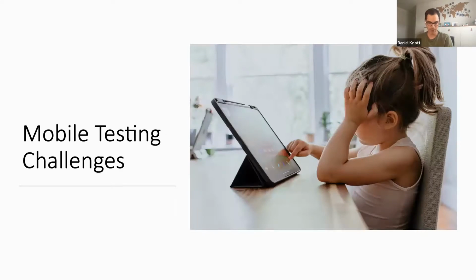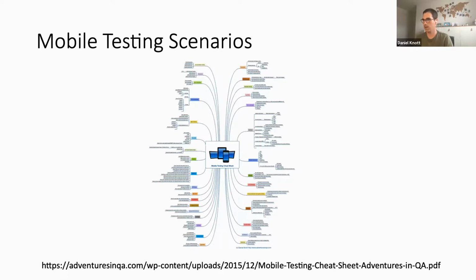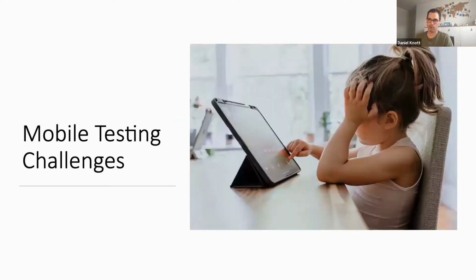Let's come to some testing challenges that I've seen in the past. Since mobile testing is quite complex, if you look at the PDF or the cheat sheet, there are lots of scenarios that are important to think of. I brought today basically two challenges that I wanted to talk about.